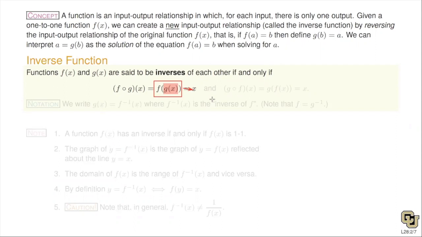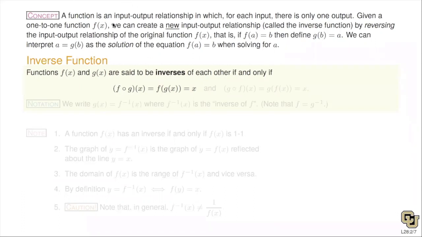So x was altered by g, and then f basically unaltered g of x to give us back the original x. For example, if g of x is the function where you add 2, like g of x equals x plus 2, then f would be the function where you subtract 2. If g of x were the function where you're multiplying by 2, then f would be the function where you're dividing by 2. f undoes whatever g does.